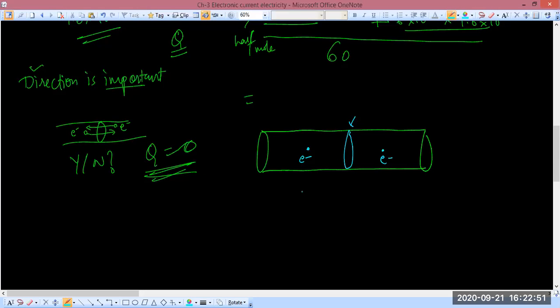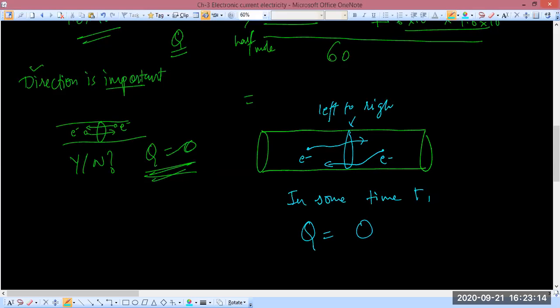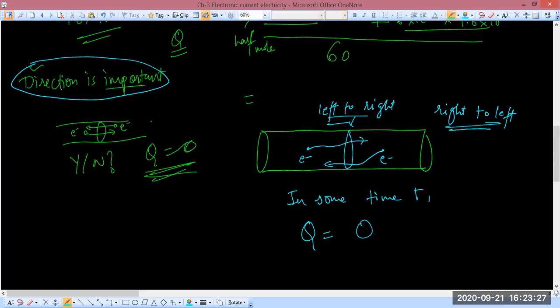If in some time t this electron flows across and this one flows across, then the total charge flown would be zero, because the motion of one electron from left to right has effectively cancelled the effect of one electron moving from right to left. That's why I was saying that the direction of flow is important.